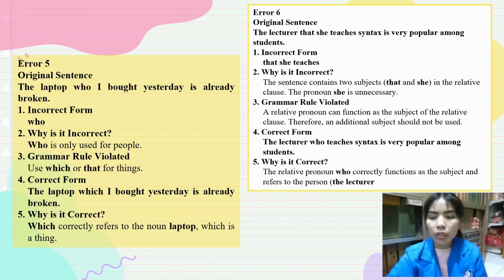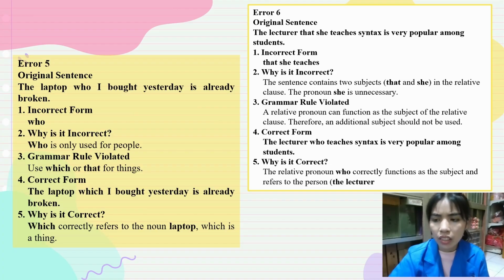Therefore, the correct sentence is "The lecturer who teaches this syntax is very popular among students."